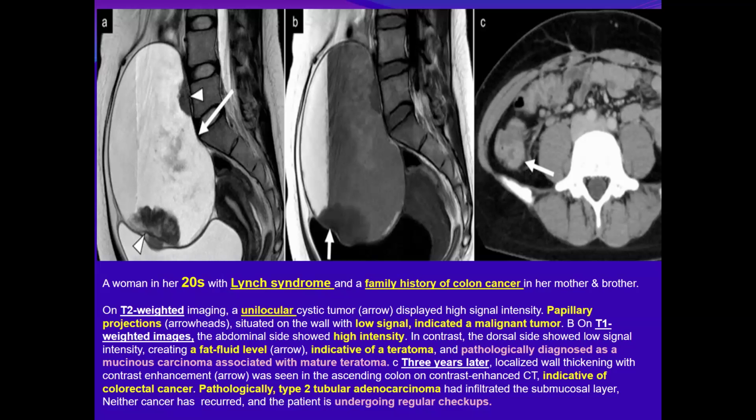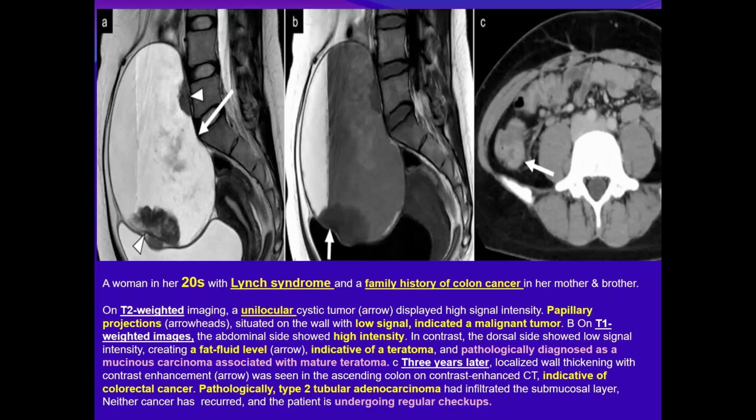Still, teratoma can be associated with cancer. This lesion was proven to be a mucinous carcinoma associated with mature teratoma. The mature teratoma is benign, but there is an association between a benign and a malignant lesion at the same time. This is mucinous adenocarcinoma and mature teratoma.